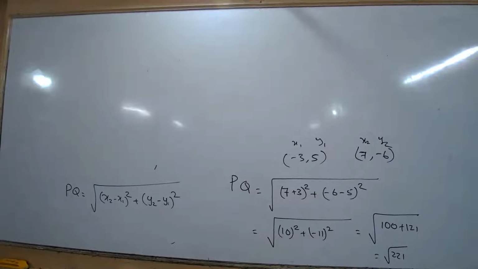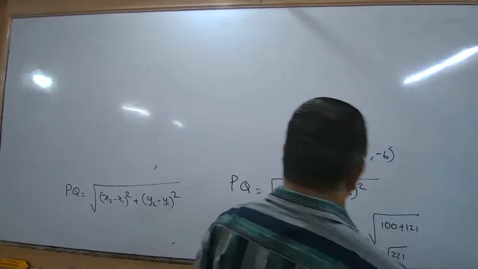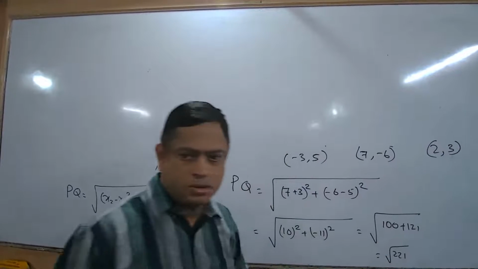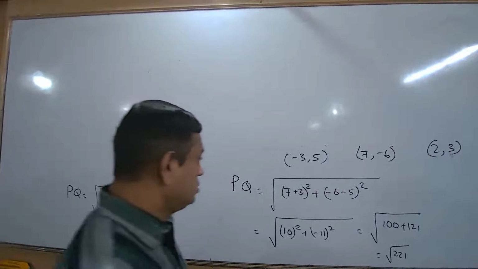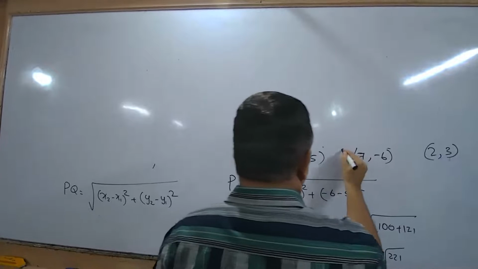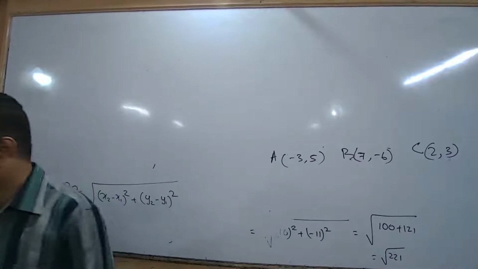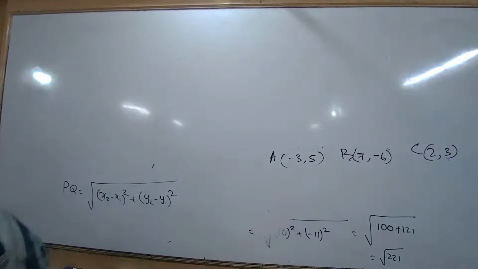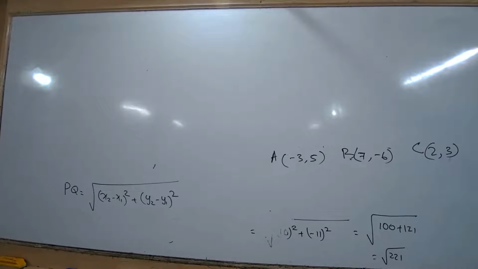If the coordinates, let's say, are given as P, Q, R, let's say this is another one. Now, with the help of distance formula, can you prove or verify whether these 3 points are collinear?